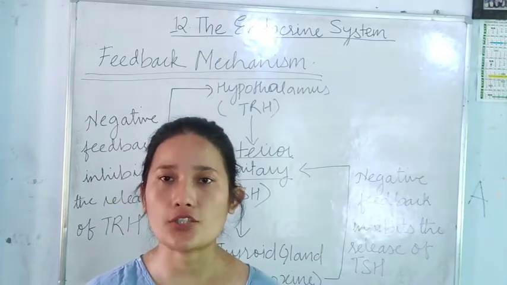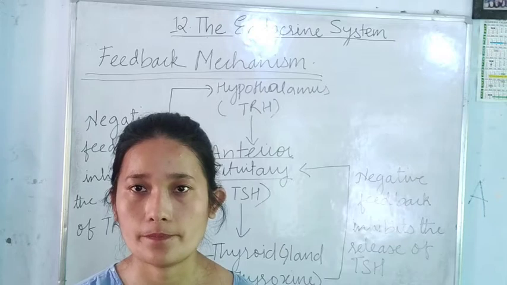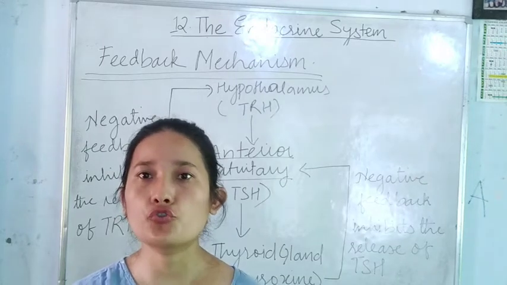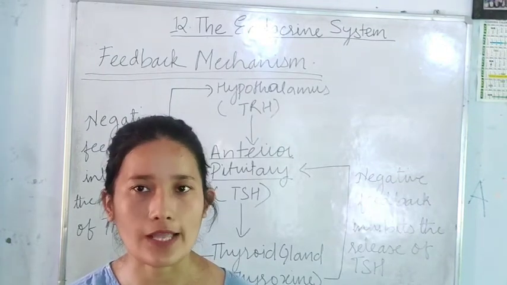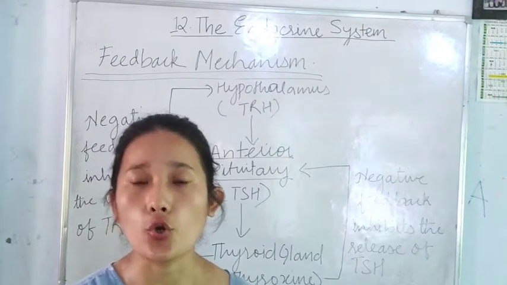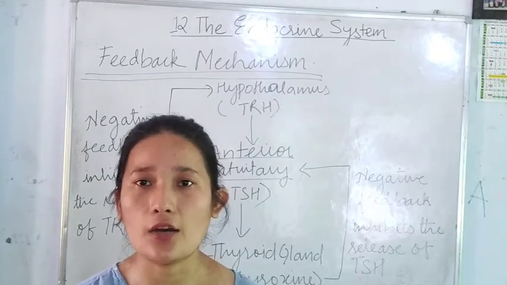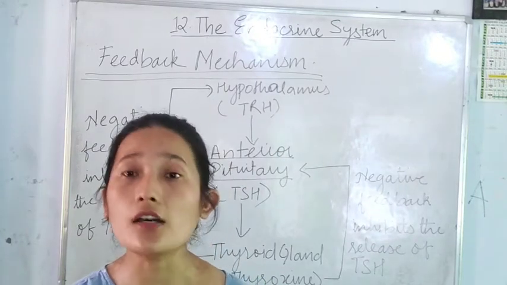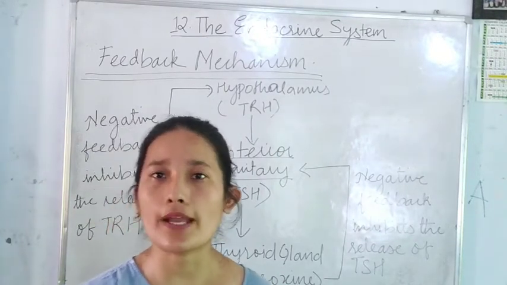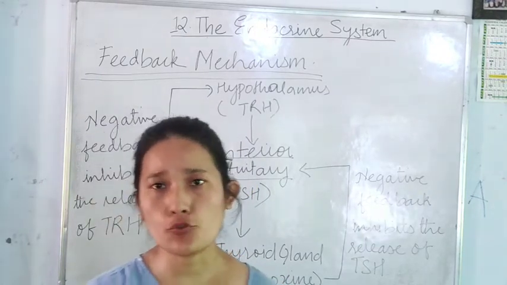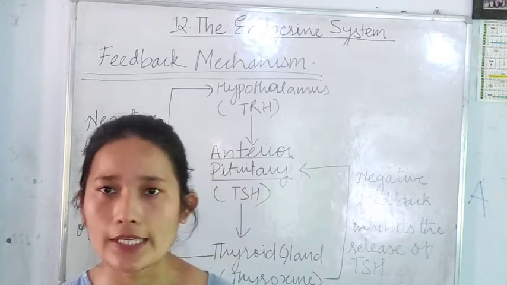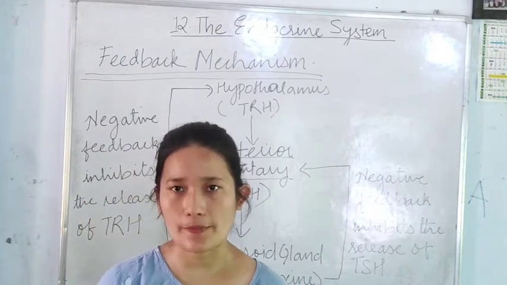That is referred to as a feedback mechanism: if a hormone is too high, secrete a lower amount, and if it is low, secrete a bit higher, in order to maintain the balance. Your feedback mechanism can be of two types: negative feedback mechanism and positive feedback mechanism.